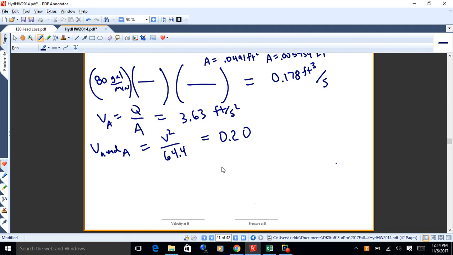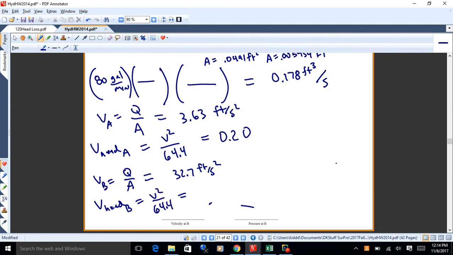All right, and then you want to do the same thing at B. So VB is equal to Q over A, and that'll come out to be 32.7 feet per second. And then the velocity head at B will be V squared over 64.4, and that comes out to be a lot higher.